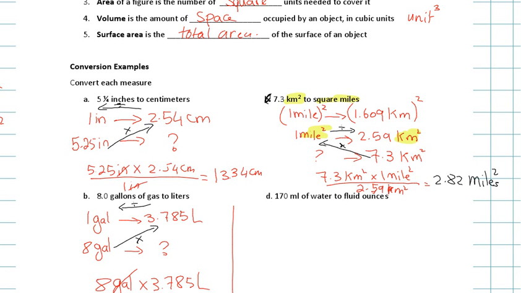When you square 1.609, you're going to get 2.59. You put it to the power of 2. Oh, okay. Does it make sense? Okay.